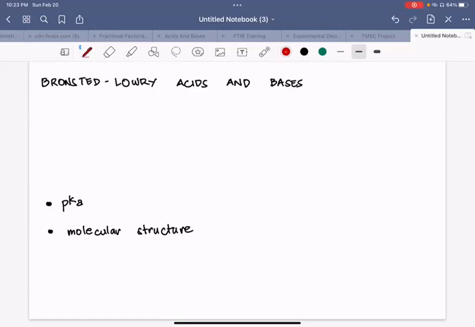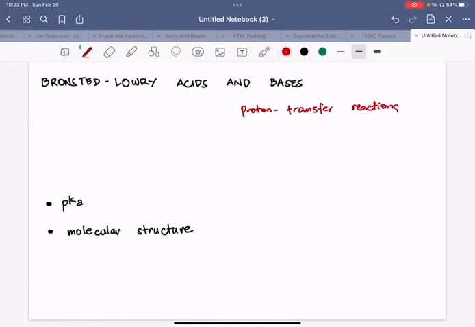And most types of organic reactions involve just a transfer of a proton or just proton abstraction. So reactions like this are called proton transfer reactions.